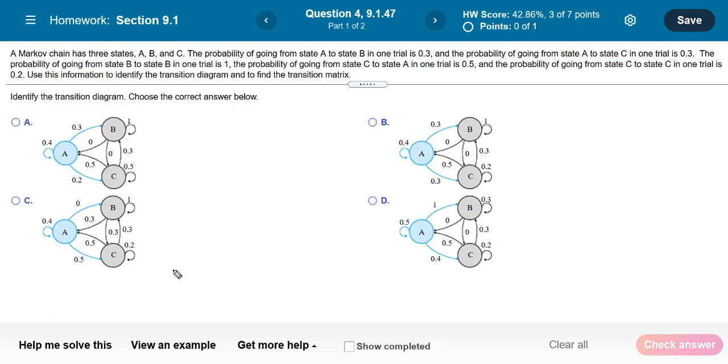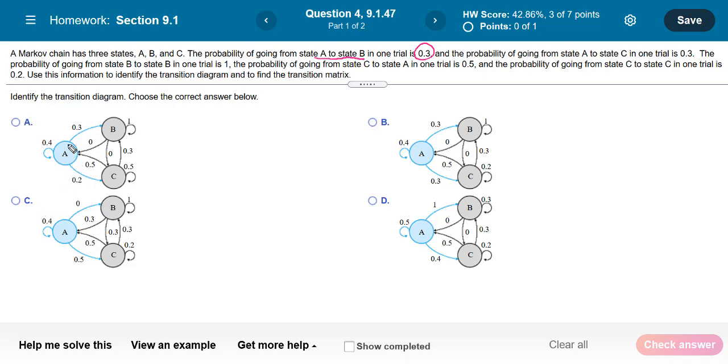In the first part of problem 4, we're asked to identify the correct transition diagram from the information given. So we will start here at the very beginning and see if we can narrow down our choices. In the beginning, we're going from A to B, and that needs to be a 0.3.